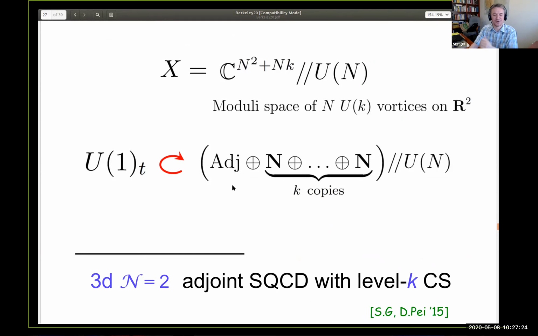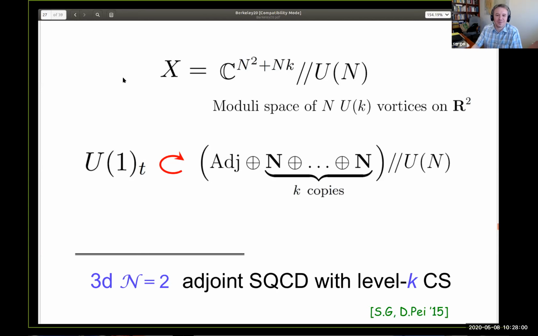Then I'll probably show you just one more example in view of time. This is an example where fixed points are not isolated, and in fact, historically, it was developed first. This is a case where X is a particular quotient of the adjoint representation of U(N) plus k copies of the N-dimensional fundamental representation, on which U(1) symmetry acts by weight 1 on the adjoint.